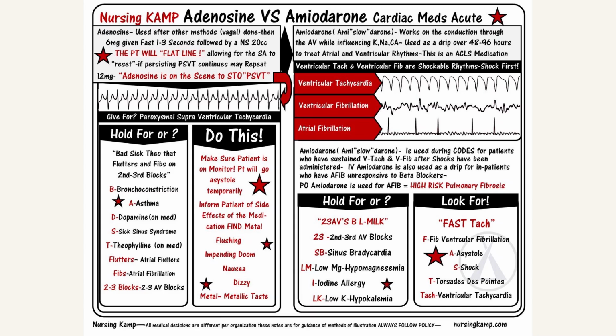And then here's a little hint for when you would hold adenosine: bronchoconstriction, asthma, dopamine, sick sinus, theophylline, and then for AFib or second to third degree blocks, make sure your patient's on a monitor. The side effects of these: flushing, impending doom, nausea, dizziness, or a metallic taste. And then amiodarone, indications for those are those more serious or harder to treat arrhythmias.